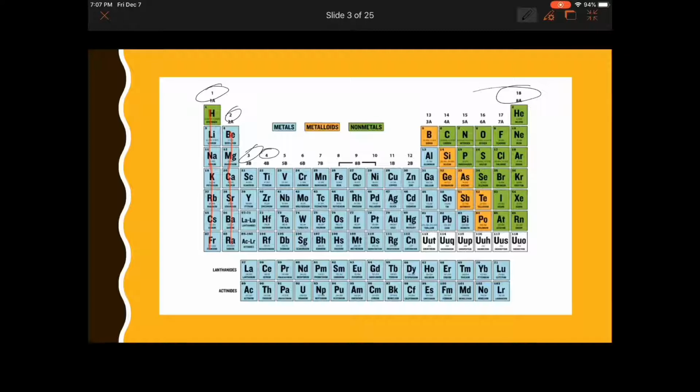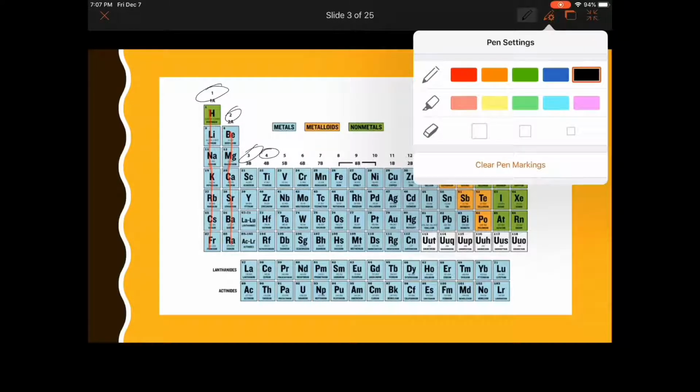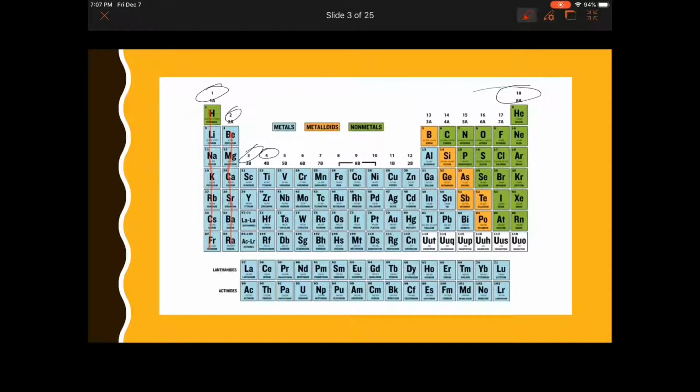And then, when I'm talking about periods, I'm talking about these ones, the ones that are moving across the periodic table. These ones don't have any numbers on the side, but if you wanted to, you could number these 1 through 7 down the table, so it could help you visualize what you're looking at.